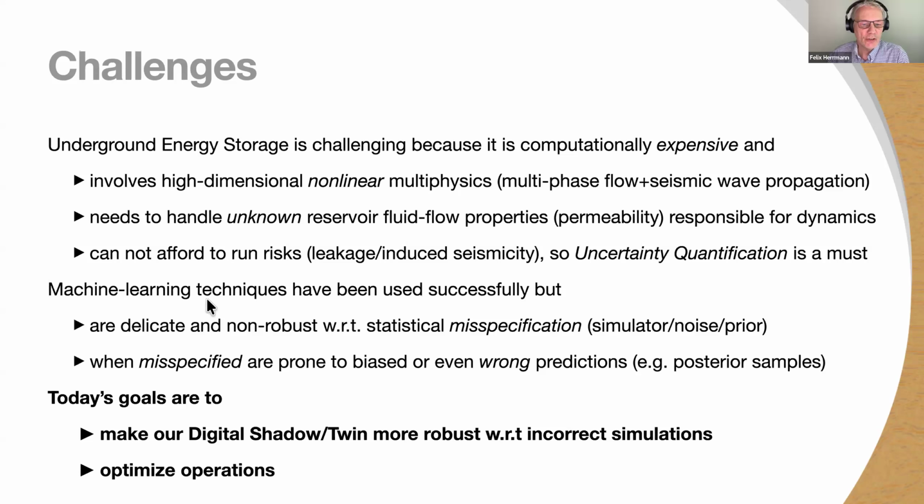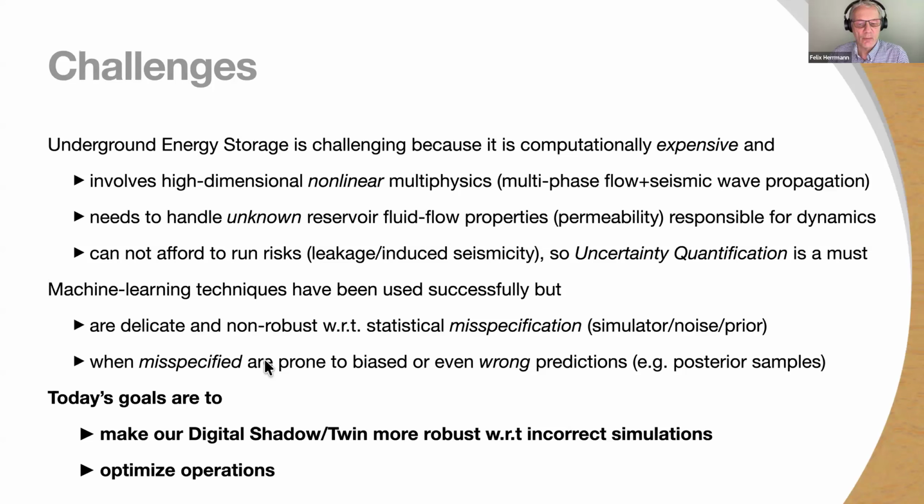Now, we will use machine learning techniques to capture these very high dimensional distributions, but these are delicate. And so I will talk about today how you can make these approaches more robust with respect to statistical misspecification, right? Where you may not capture everything in your simulator, there may be noise or your prior may be wrong.